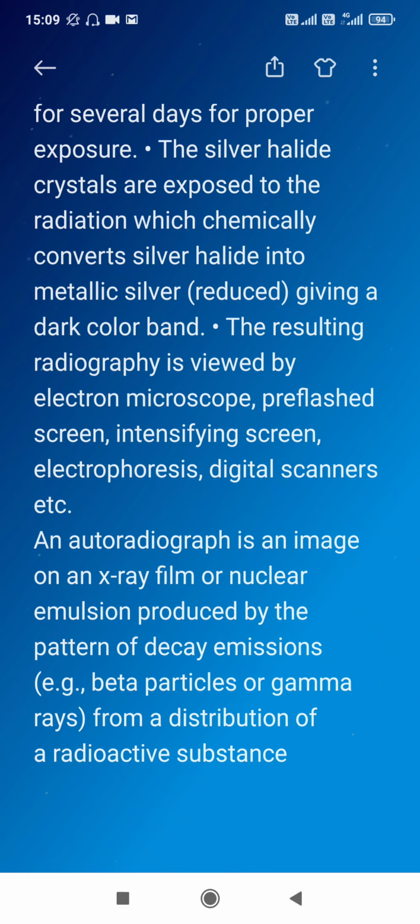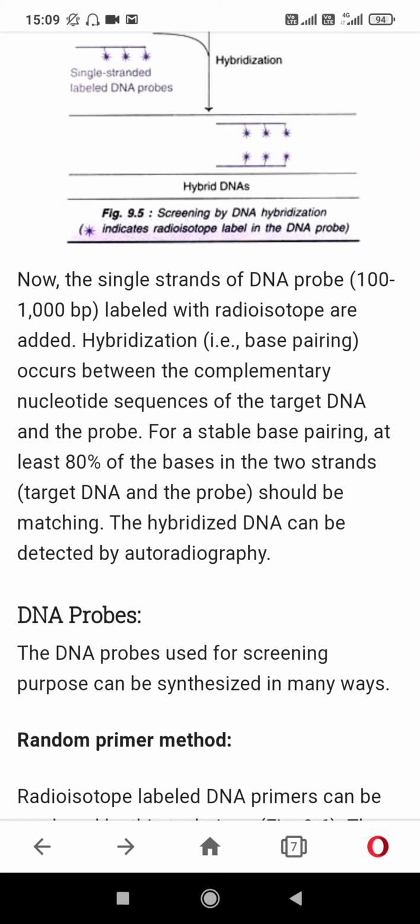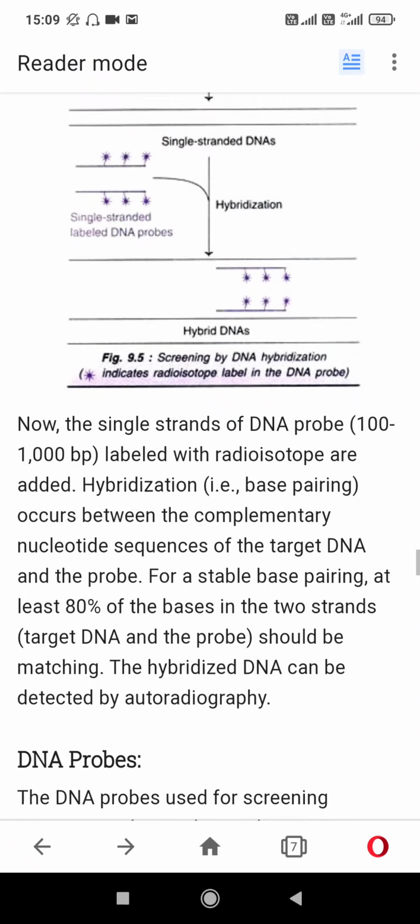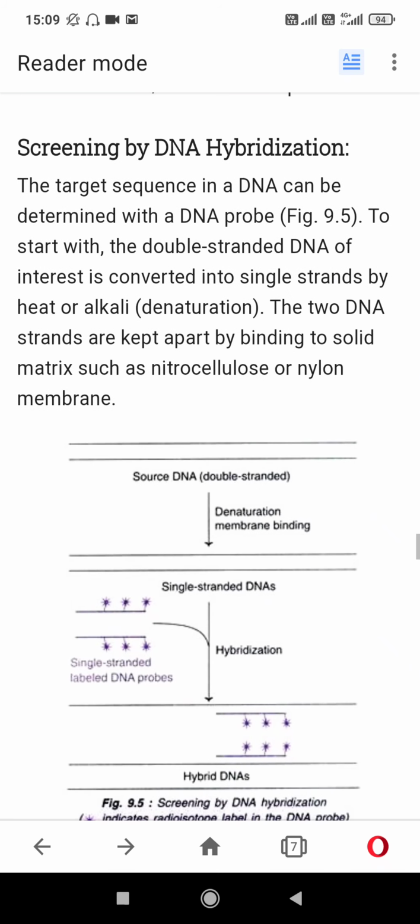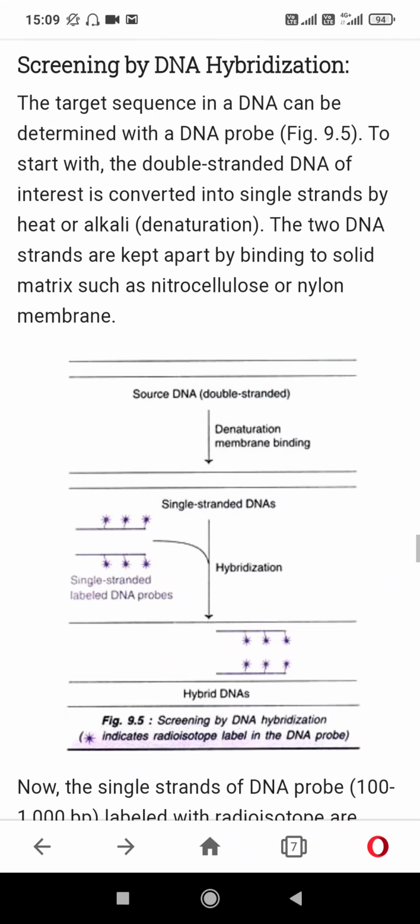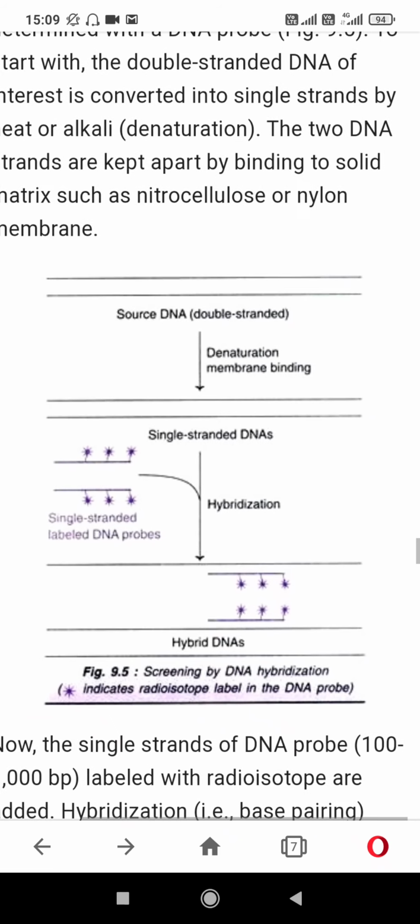So in this way we can do DNA hybridization simply for identifying our target sequence, that is, where our target sequence is located, in which cell. So, simple thing, you can see in the figure the source DNA, double stranded.